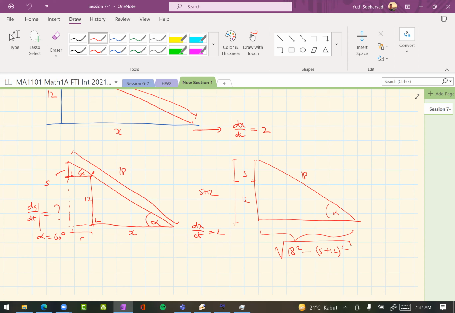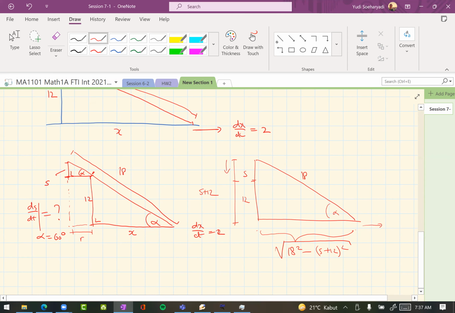So you need, these are the relations, this length and this length. Move to the 2 here.